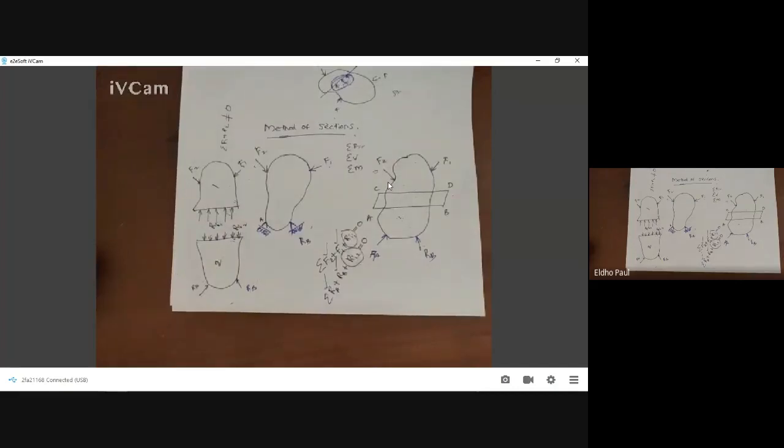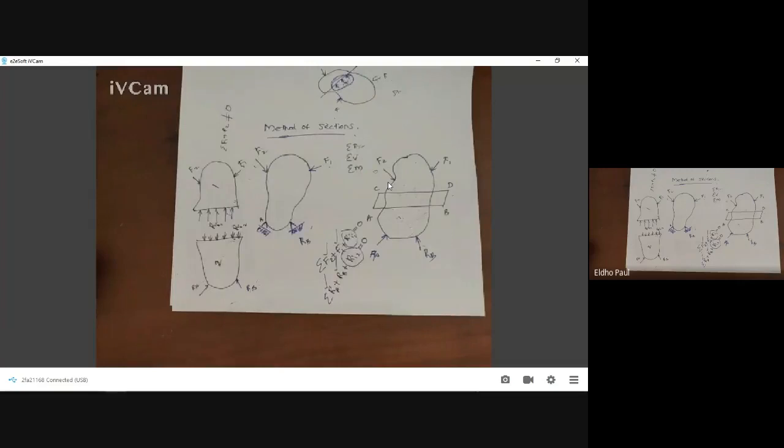From the resistant internal force, we can calculate the stress. We already defined stress: stress is the internal resistance force offered by a body cross section against external force, per unit cross section.